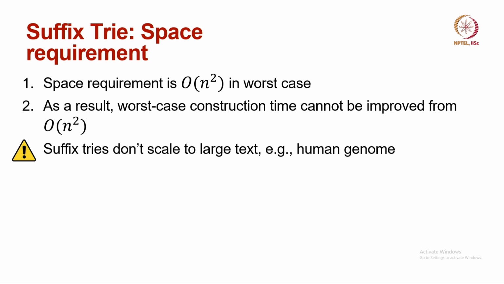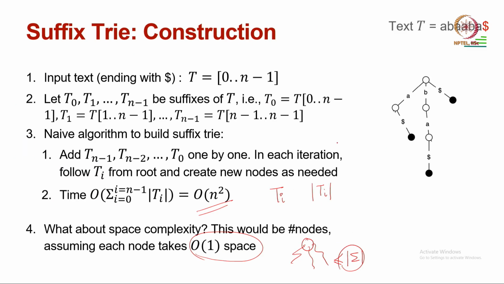And if a data structure requires order n square in the worst case, then observe that the worst case construction time cannot be improved from n square either. So the quadratic time algorithm that we discussed here for constructing suffix tries is already the best we can do, because if I am building a data structure which requires order n square space, I cannot build it faster than order n square.